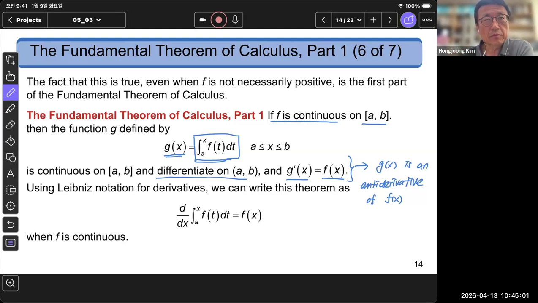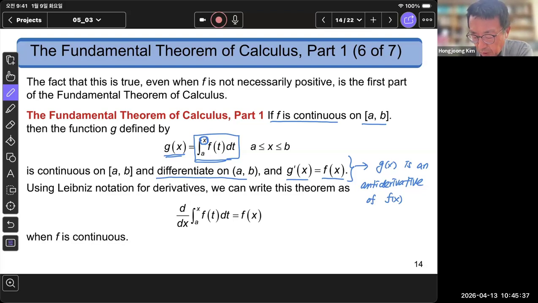Please note that my g is a function of x. x is an independent variable, and that x is the upper limit of this integration. So somehow, if I can find this g(x), then this g(x) will be your antiderivative. So this is the fundamental theorem of calculus, part 1.